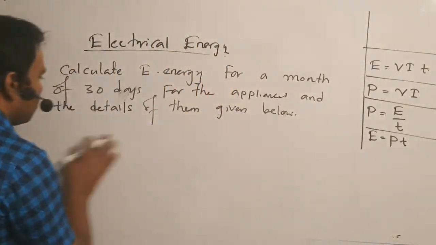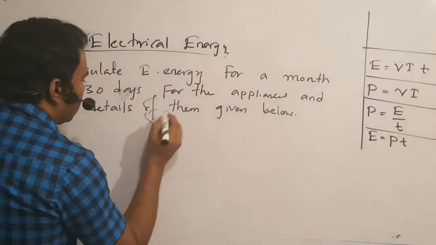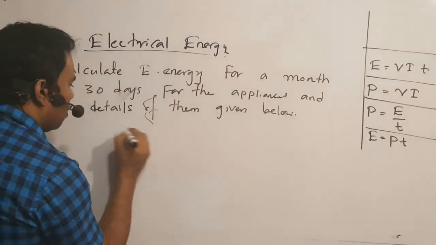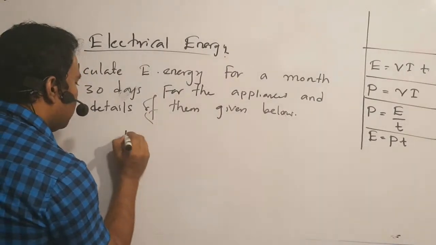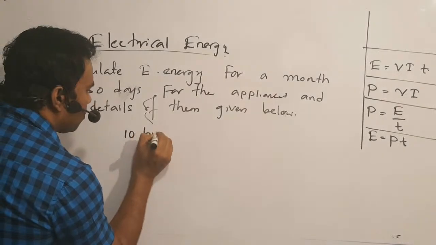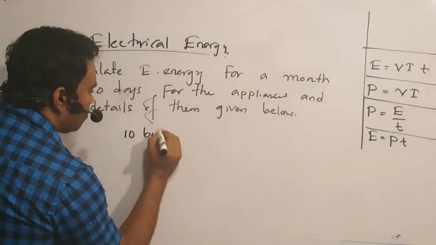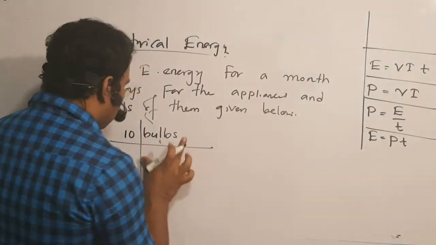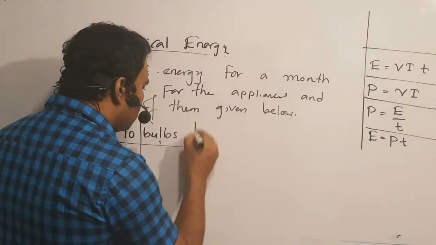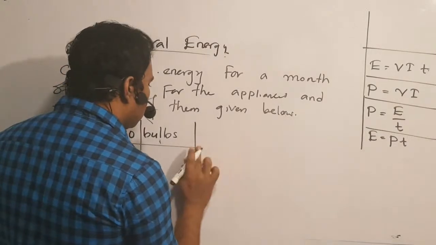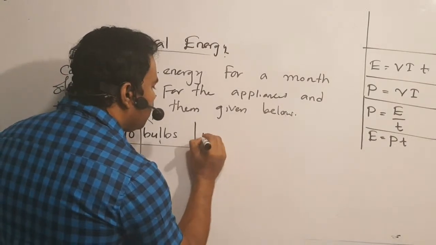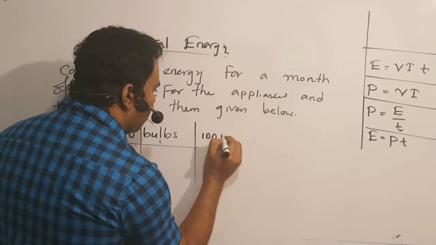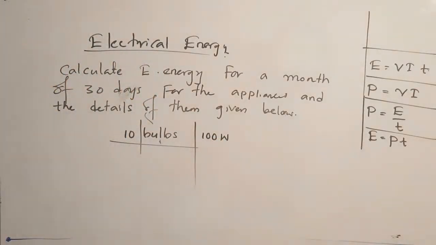Okay, now look at this. Let's take several devices. I'll take 10 bulbs. Okay, so that's the quantity. So their power. One bulb, its power is 100 watt.